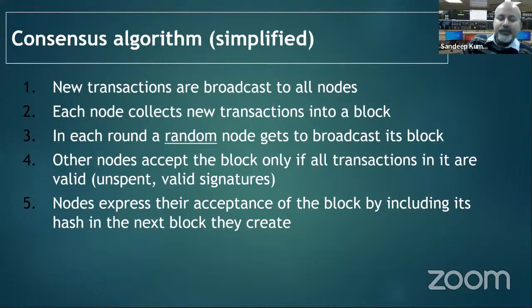Other nodes will then hear about it, because after solving, you broadcast your block with the result of the hash puzzle in it. Other nodes will check very quickly that all the transactions in it are valid, and that it has indeed solved the problem, and then they will accept it.